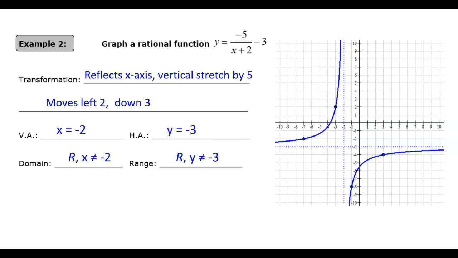Does everyone have the graph and all this filled out? So we can try example 3, which is get the graph real quick, and then we'll do example 3. So you can get the vertical asymptote at -2, up and down at -2, and then horizontally at -3.